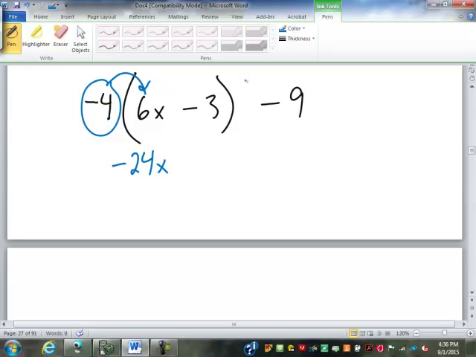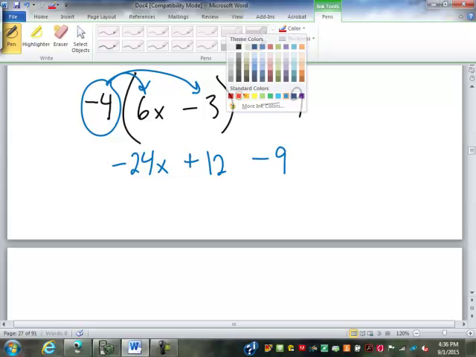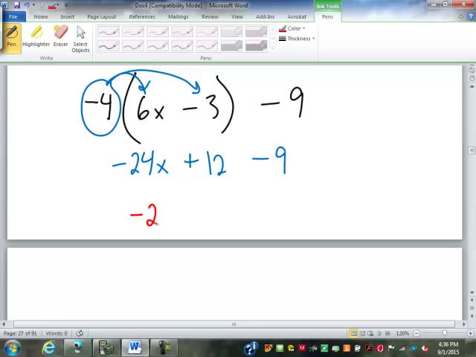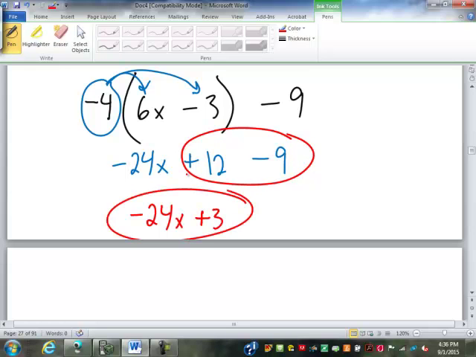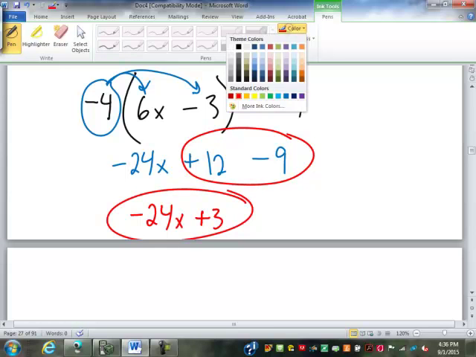And then, yep, negative 4 times negative 3 gives us positive 12. Negative times negative is a positive. And with the minus 9, then what? Not divide, but combine. So positive 12 and negative 9 make positive 3. So it's negative 24x plus 3.